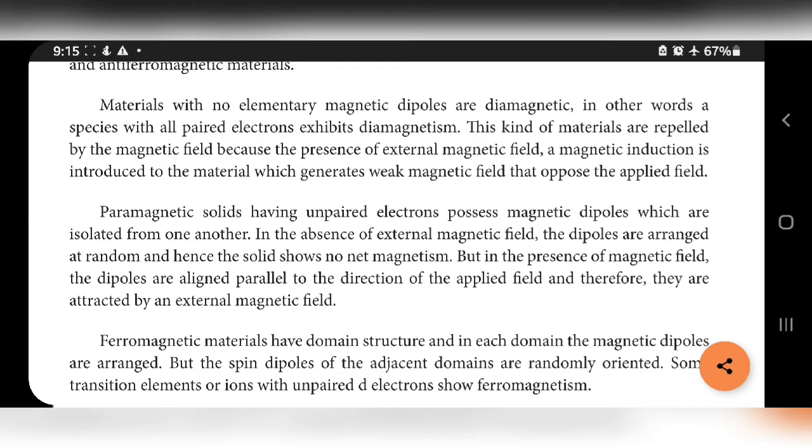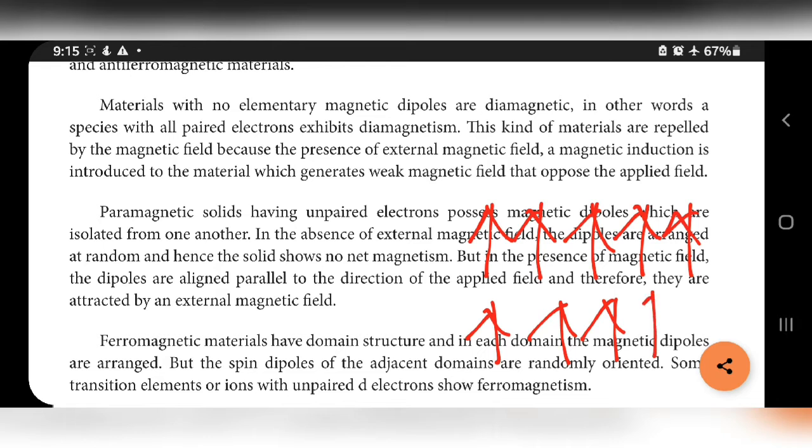But in the presence of a magnetic field, the dipoles are aligned parallel to the direction of the applied field. So, in the absence of a magnetic field there is no net magnetism, but in its presence all are parallel, so they are attracted by the external magnetic field.